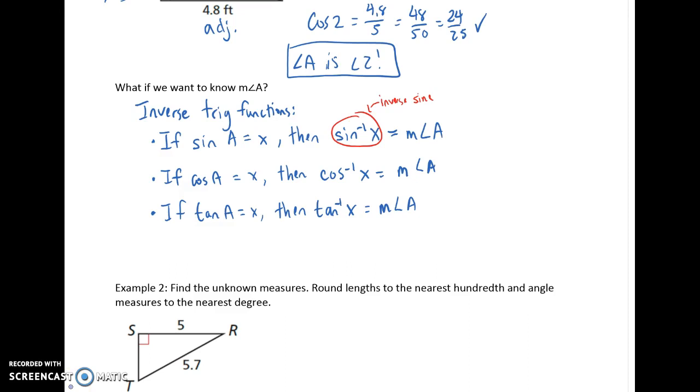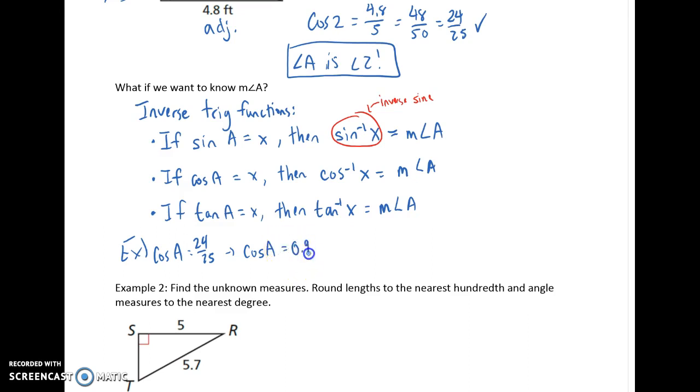If we wanted to find what angle A was in the example, I would again be using the inverse cosine. Cosine of angle A was equal to 24 over 25, and that 24 over 25 is 0.96. You can feel free to use the exact decimal, not rounded, or the fraction the way it is.